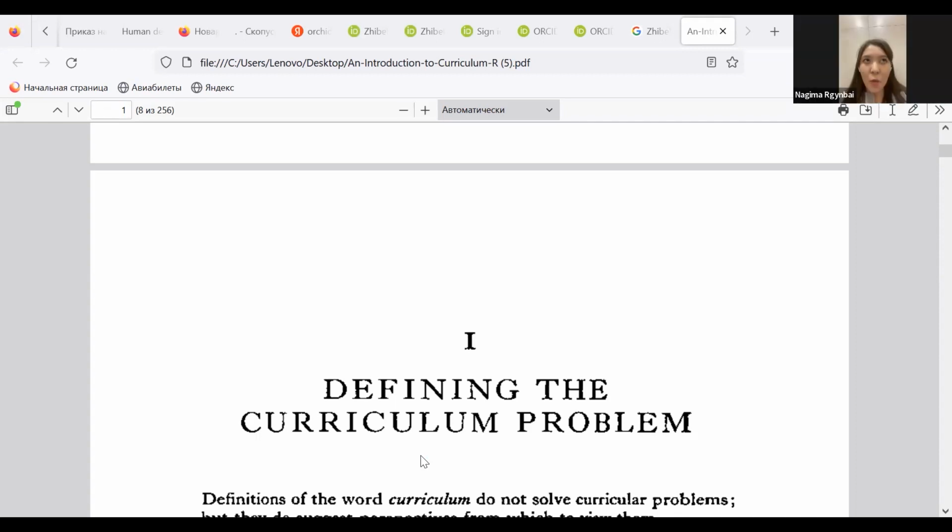Yes, I understand what the problem is. Our educational system, curriculum problem. Especially curriculum. Everything is connected with curriculum. If curriculum is good, of course, knowledge also will be good. Okay. Good. Thank you, Nagima.